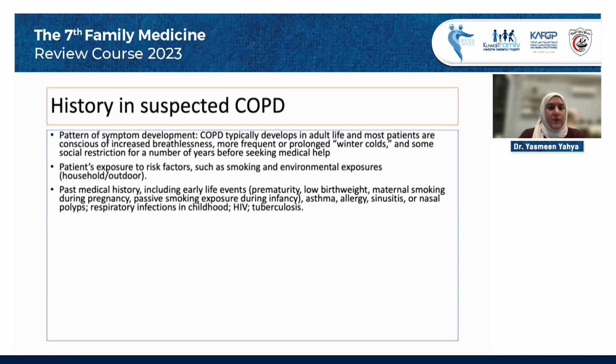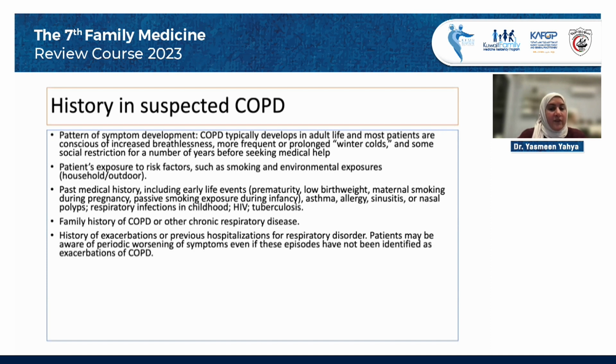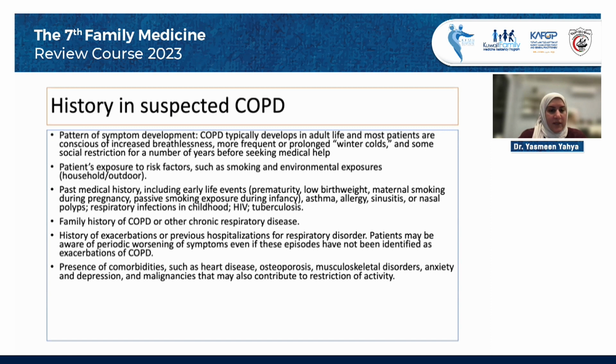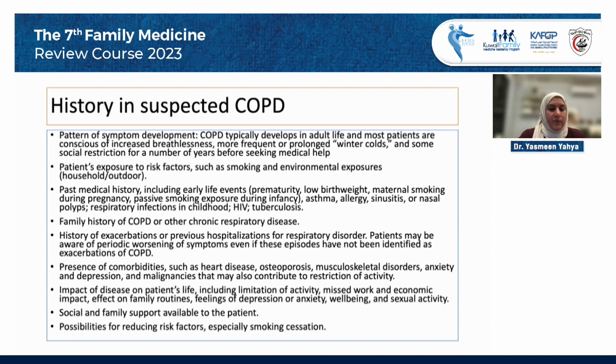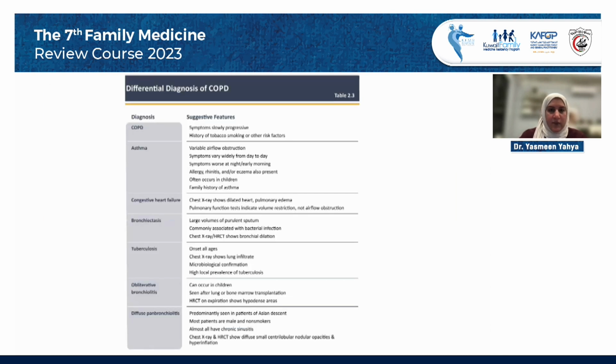Past medical history, which includes early life events, like if he was premature or had maternal smoking during pregnancy, or passive smoking. Family history of COPD, history of exacerbations or previous hospitalizations is very important. Presence of comorbidities, impact on the patient's life, social and family support, and possibilities of reducing risk factors, especially smoking cessation.